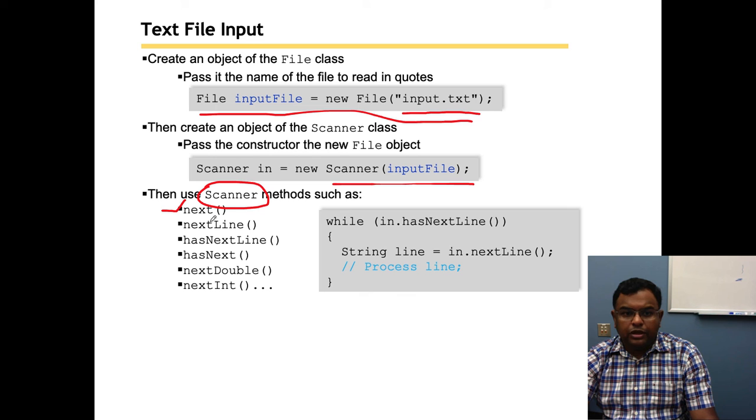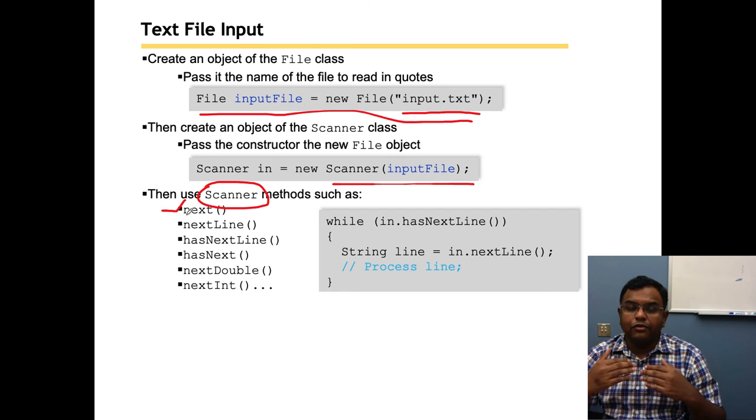So next will fetch you the string from where it is currently pointed till the next white space. NextLine will fetch you the entire next line, until the carriage return or new line is there. hasNextLine will return whether the file has any more lines or not.